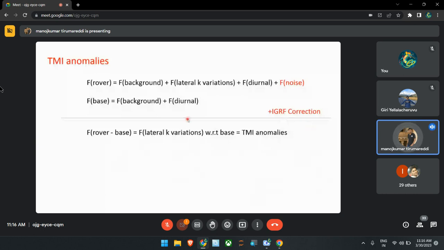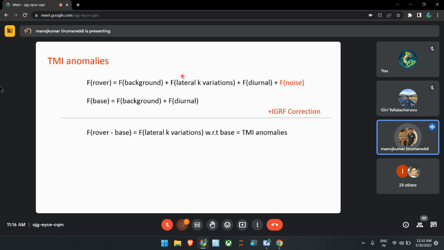And the next one is that this component will not be present at the base station. Before establishing the base station, we should see how the cultural noise is. It should be very low, otherwise we should not establish the base station there.